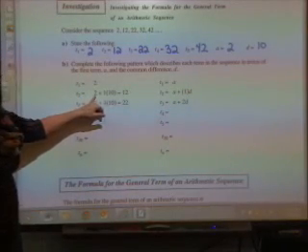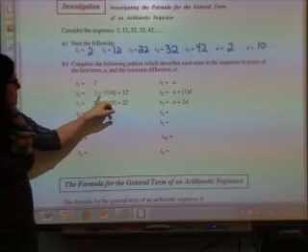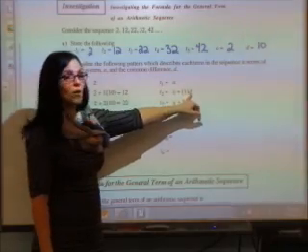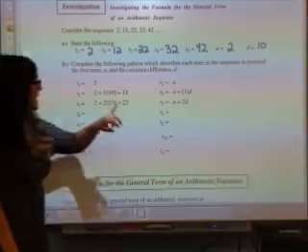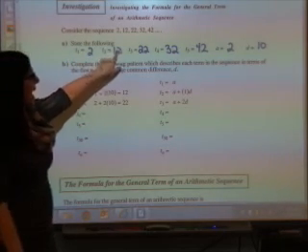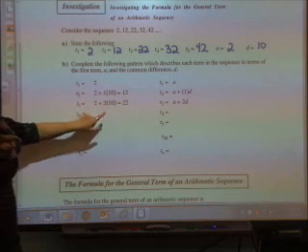To get the second term, I start with the first term and I add 10. So that's the same as taking the first term and adding one common difference. To get the third term, I can start off with 2 and add 2 common differences, 2 tenths.